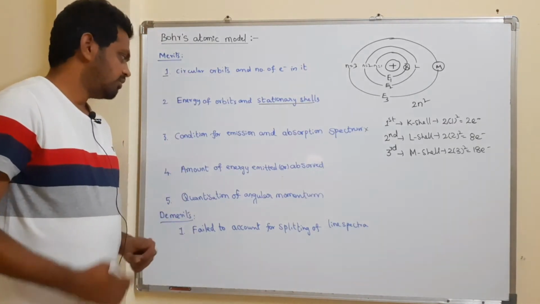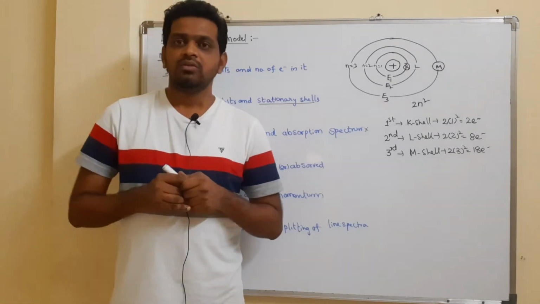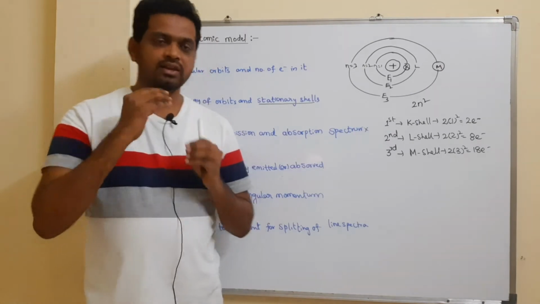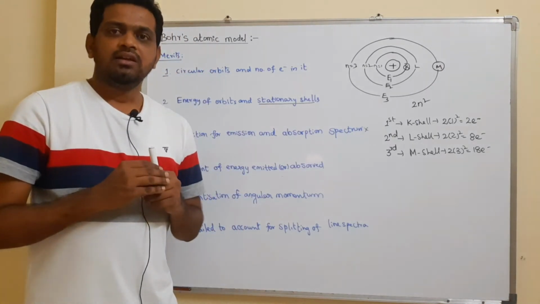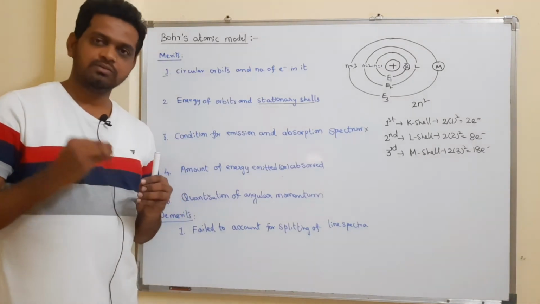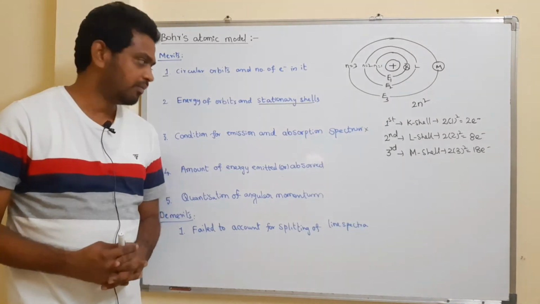And coming to the third postulate, condition for emission and absorption spectra. When the electron gains energy, it will jump from a lower energy level to a higher energy level. As a result, an absorption spectrum will be formed. When the electron loses energy, it will jump from a higher energy level to a lower energy level. As a result, an emission spectrum will be formed.